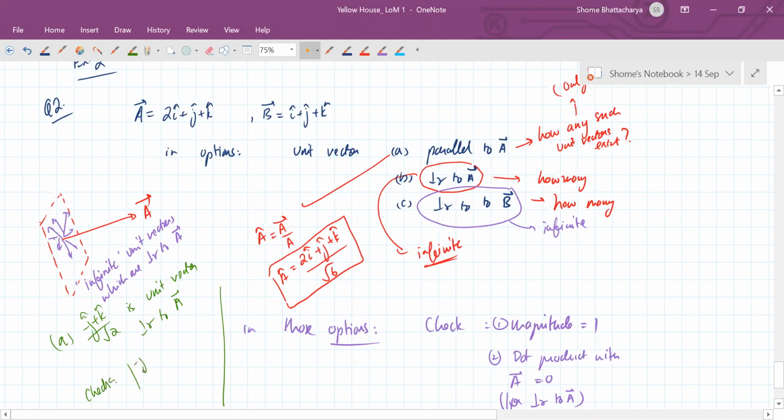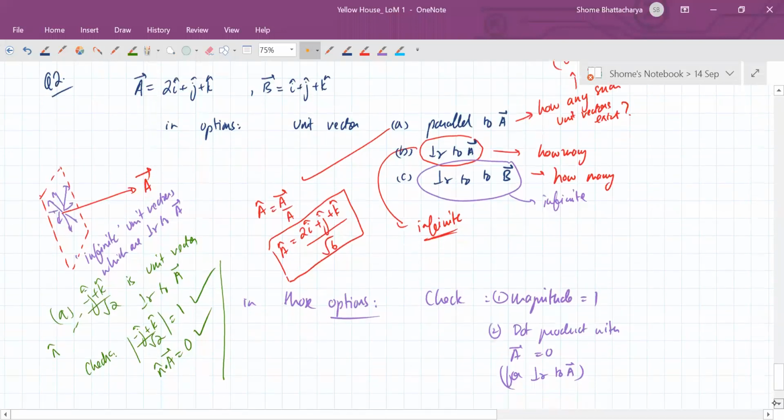One is that if you take the magnitude of this, it is 1. So this is correct. And the other thing is you can see dot product. Let's say n cap dot A should be 0. That's also 0 because this vector I'm taking as n cap. You can take the dot product with A. Sorry, it's 0. Dot product with A is 0.